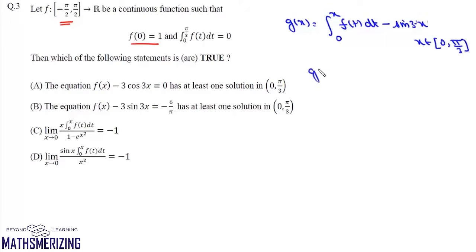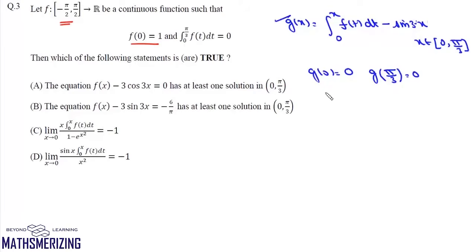Now if we find g(0), it is 0 and sin 0 is also 0. So value of g(0) is 0, and if we find g(pi by 3), this integral from 0 to pi by 3, it is 0, and then sin pi will also be 0. So this function g(x), it is continuous and differentiable. g(0) is equal to g(pi by 3).